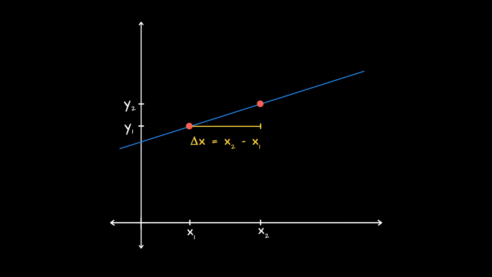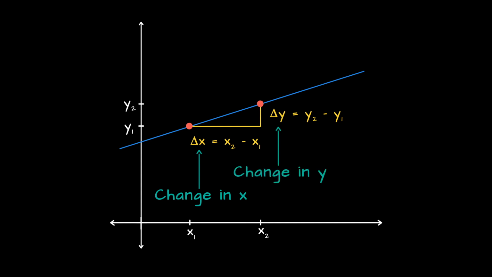And this simply refers to a change in the input, a change in x. Likewise, the distance between the 2 red points in the y direction, or the vertical direction, would be y2 minus y1, which we similarly denote by delta y. Once again, the delta x represents a change in x, and the delta y represents the corresponding change in y.